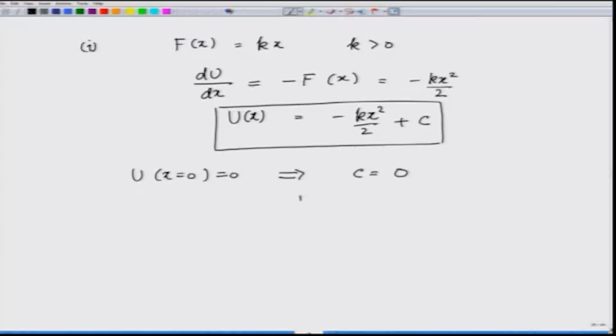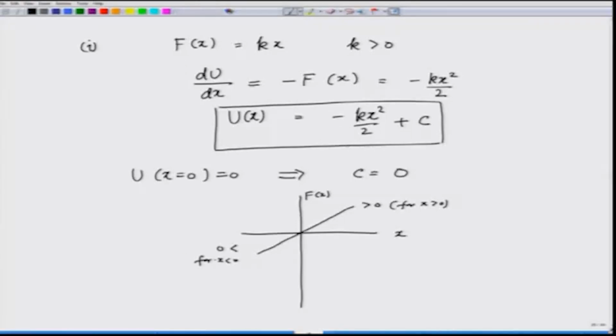So, if I were to plot the force Fx versus x, you can see that the force is a straight line. It is greater than 0 for x greater than 0 and less than 0 for x less than 0. What does that mean?